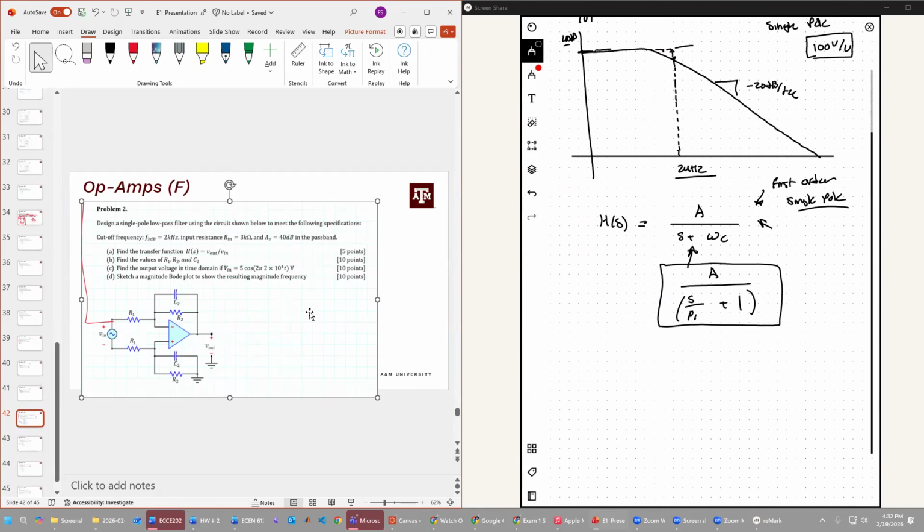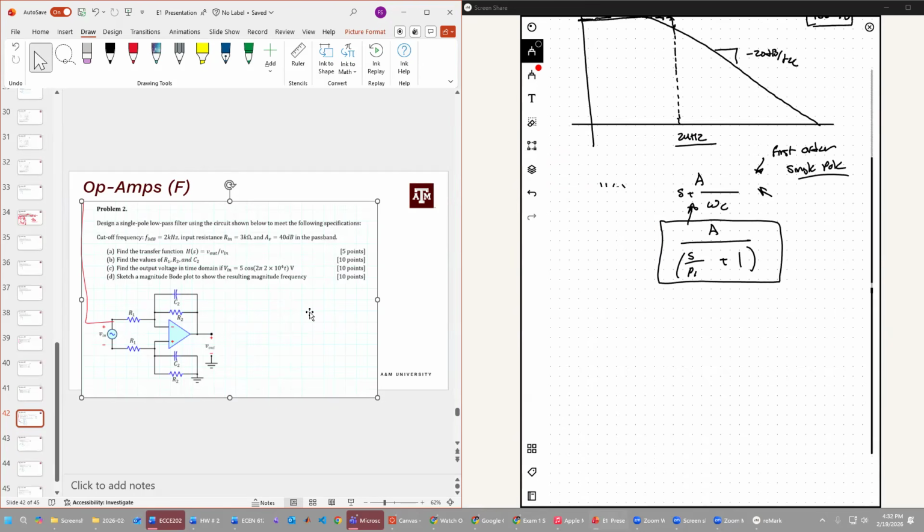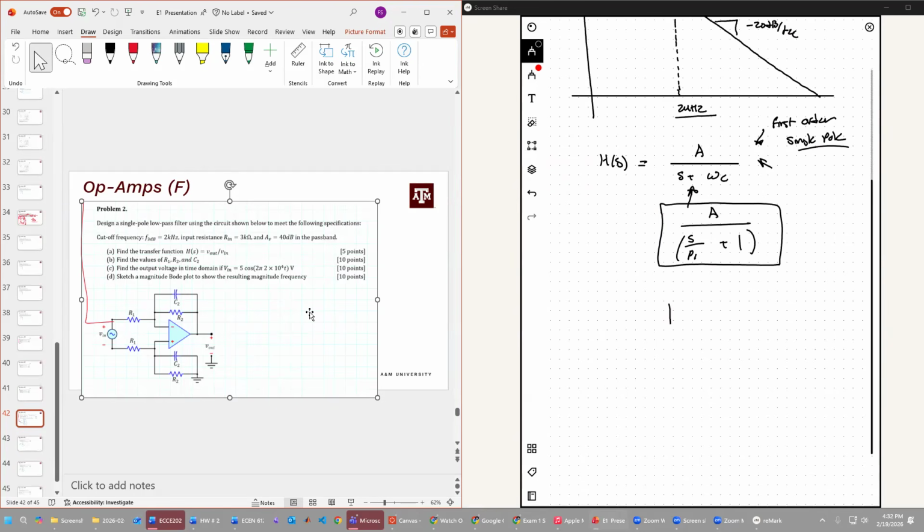Let's see. So, okay, part A is telling us to find the transfer function given the following circuit. Okay, so let's quickly draw the circuit. So we've got an input, Vn, we have minus and positive terminals like so. We have this capacitor. Can I go back up real quick?